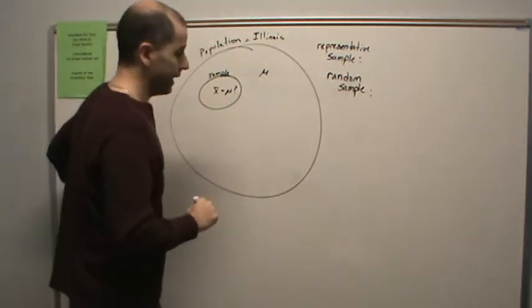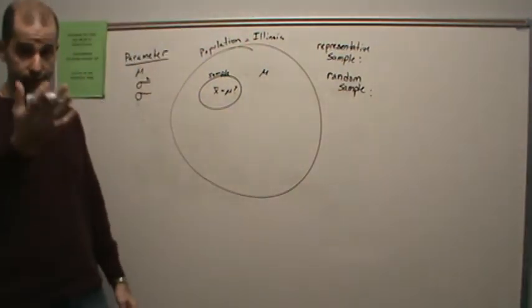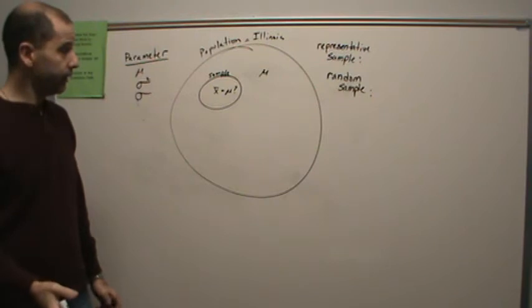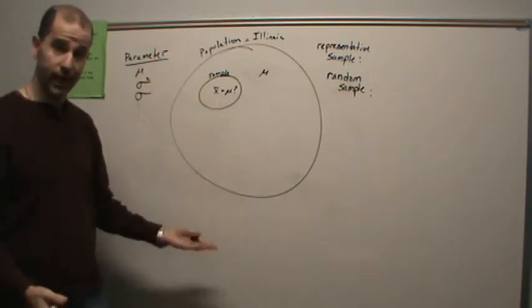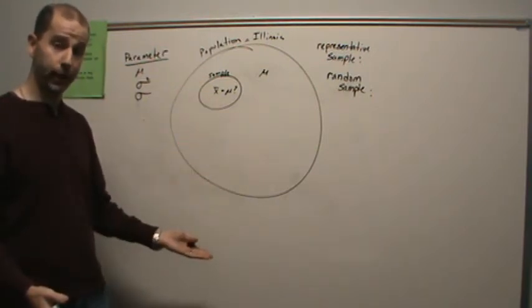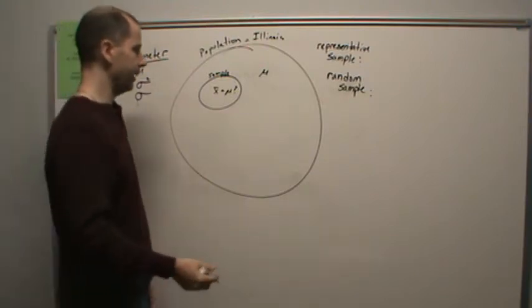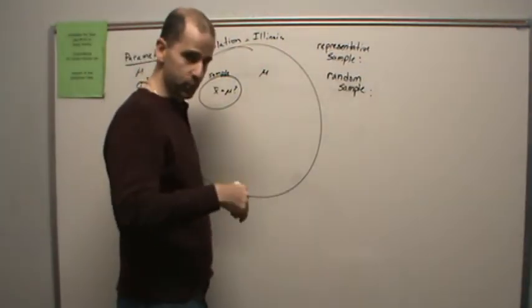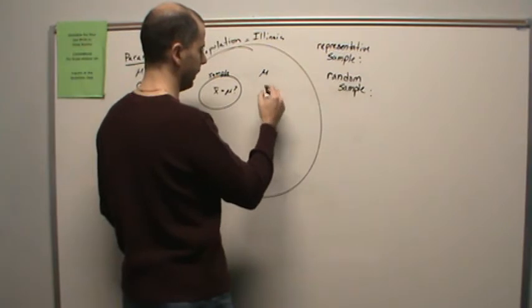Okay, and let's say, and it's very easy to get from census data, that I know what the population ethnic background breakdown is by percentages. Again, I'm just pulling this out of the top of my head.